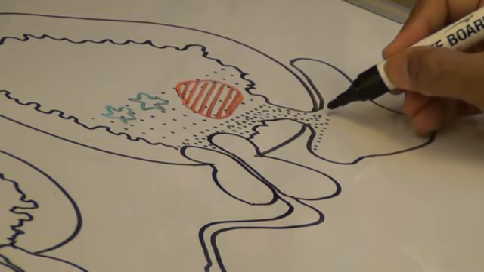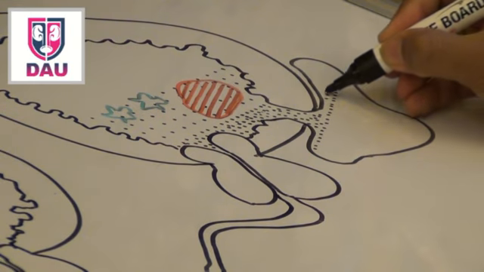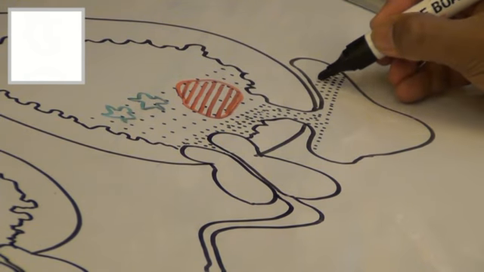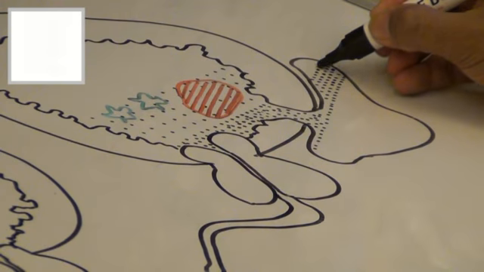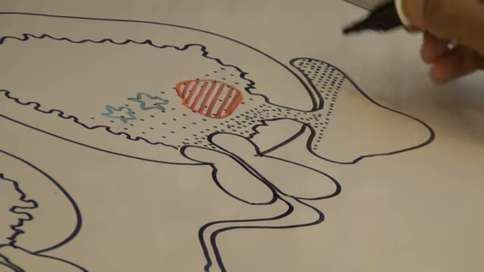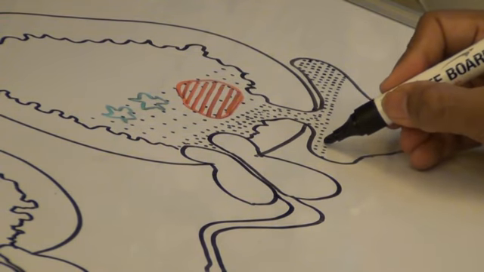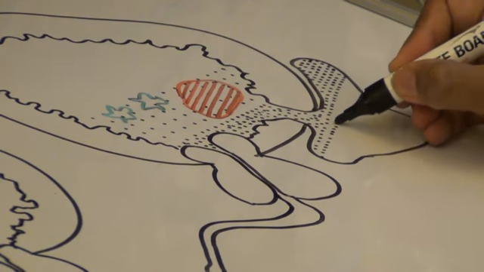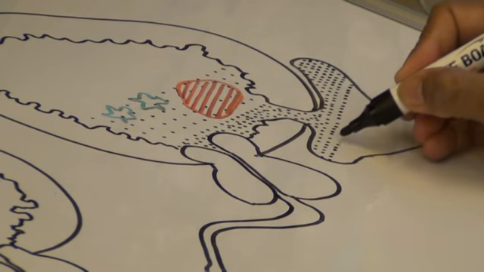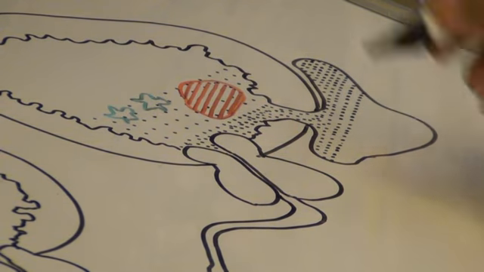You can do this same thing again, and you can actually be faster, to show that this is a diverticulum formation in the bladder as a result of a distal obstruction. So that's what it is.